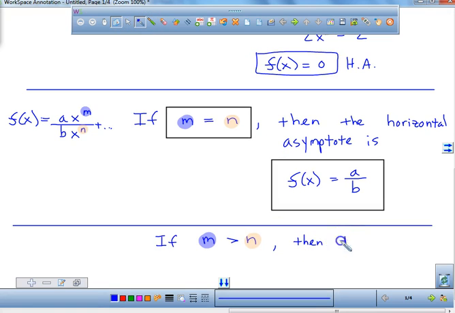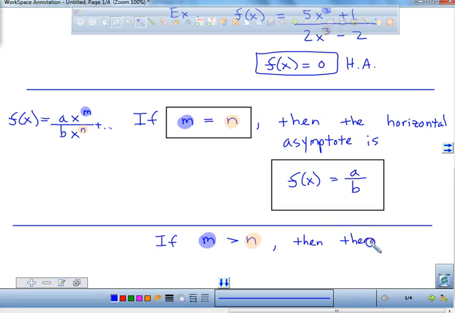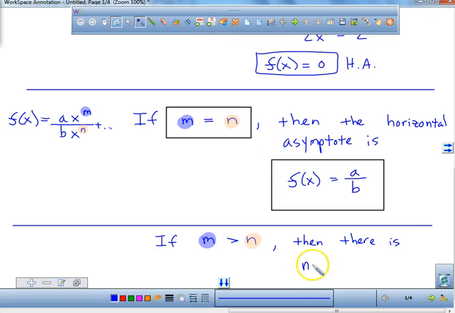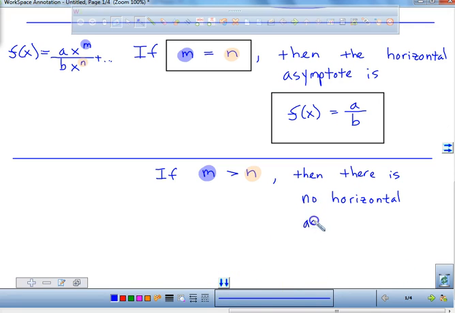Then there is no horizontal line. Okay? So then there's none.